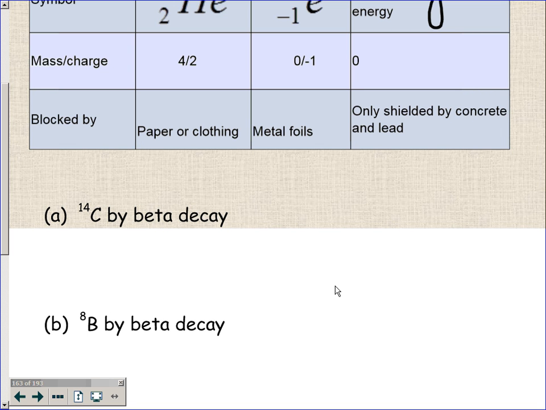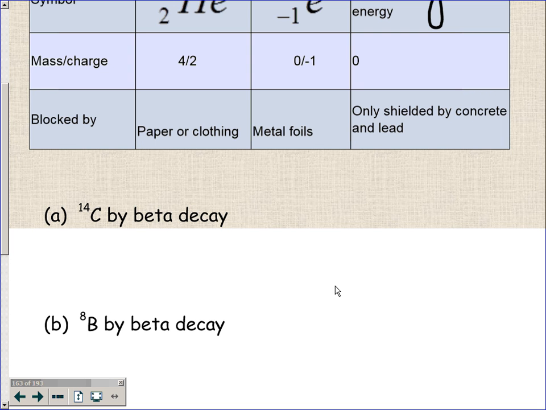Alpha particles, if you swallow them, they bounce around your insides and start to destroy little pieces of tissue, but your body does a pretty good job of neutralizing that threat. What would block a beta particle? Like it says, metal foils. Give me an example. Aluminum foil, tin foil, copper foil, any kind of foil. So I'm trying to indicate to you which is the more harmful particle. Who's more harmful?